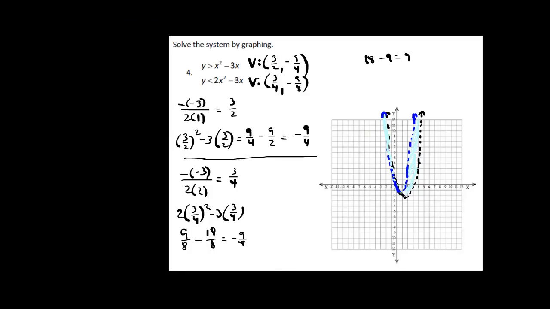Alright, number 5. So we want to solve the system, so what we're going to do is set them equal to one another. So 3x plus 8 equals negative 3/4 x squared minus 4x.